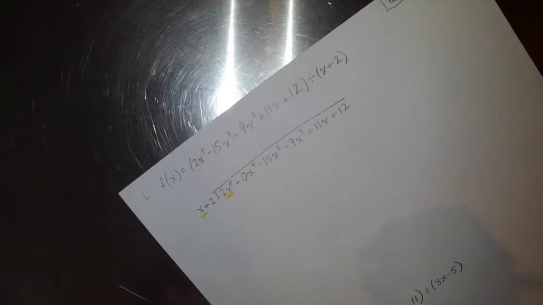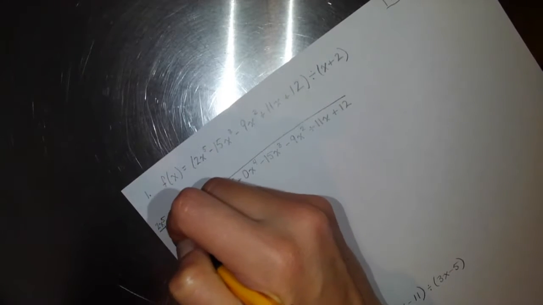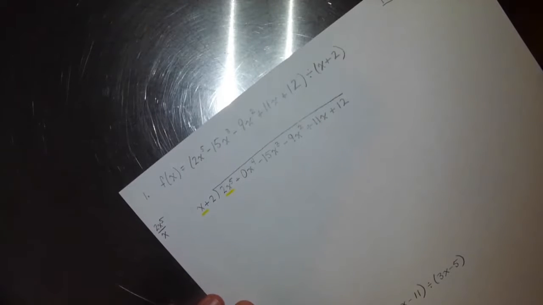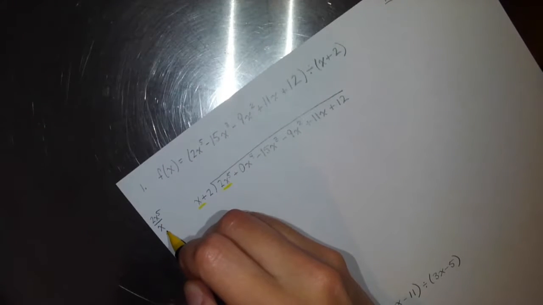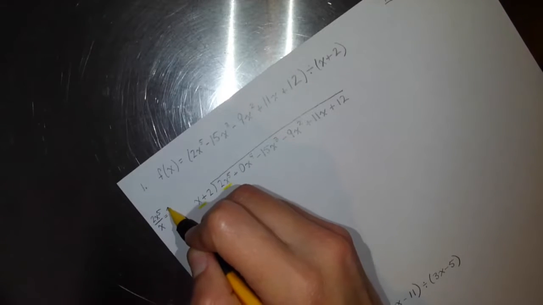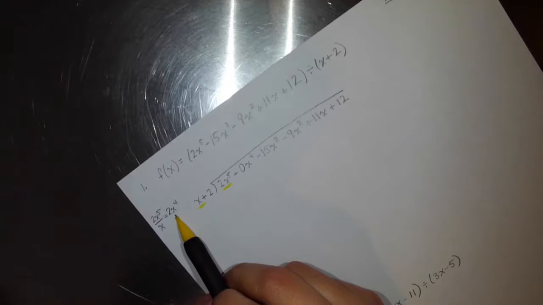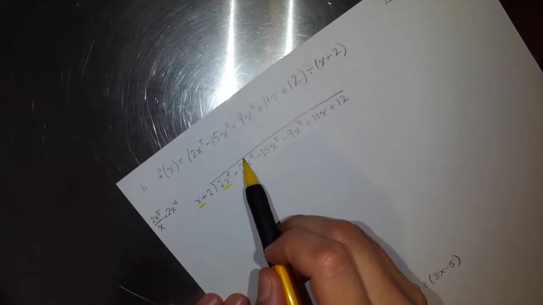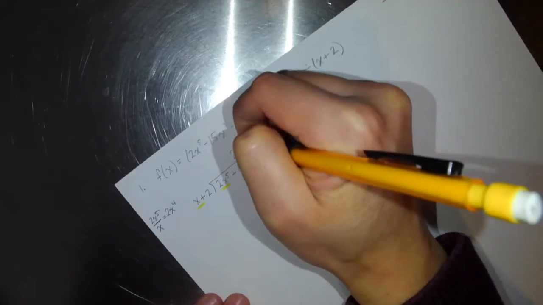So off to the side here, I would do, well, what is 2x to the 5th divided by x? 2x to the 5th divided by x, you do the subtraction rule for your exponents, would be 2x to the 4th. So that's my first number for the division, and I'm going to write it over my other x to the 4th here. So I have 2x to the 4th.